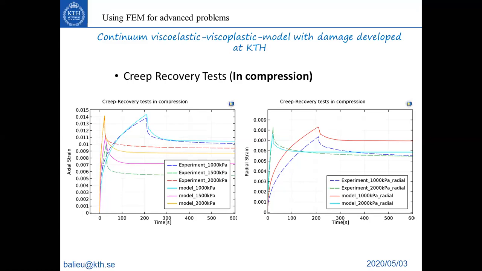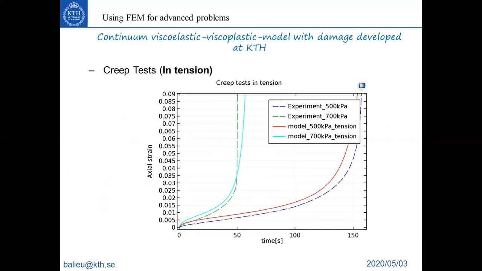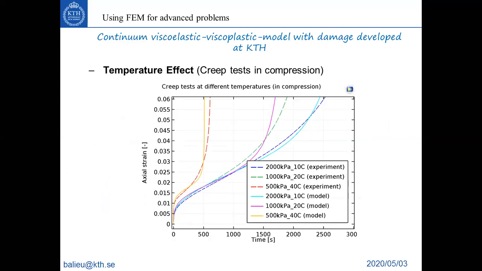We can see we are able to have good results in compression, and also in tension, because we have to check both, as we have seen that the behavior is totally different in tension and compression. So we also have to be sure that we are able to simulate both stress states. And of course, at different temperatures.